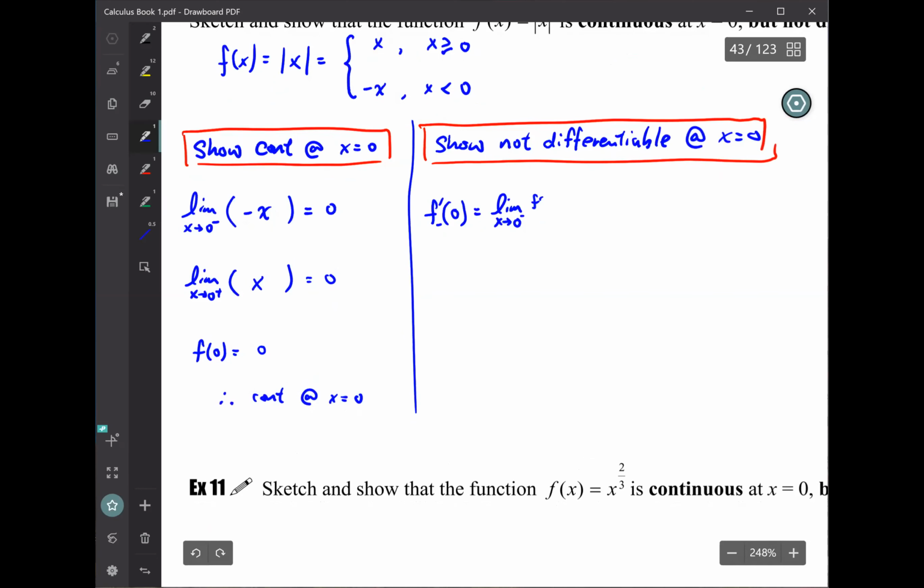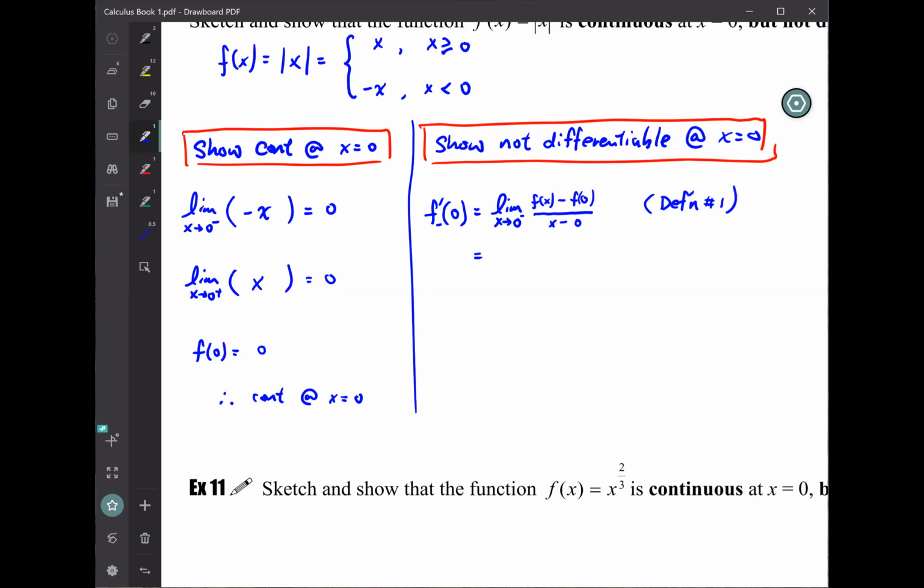It will be f of x minus f of 0 over x minus 0. This is using definition 1. Any questions so far? If you are confused how I get that, please let me know.